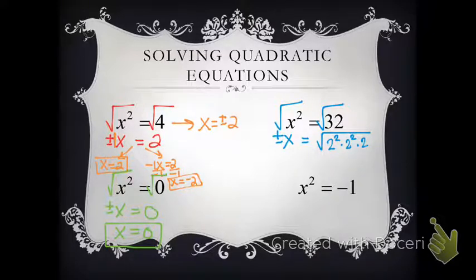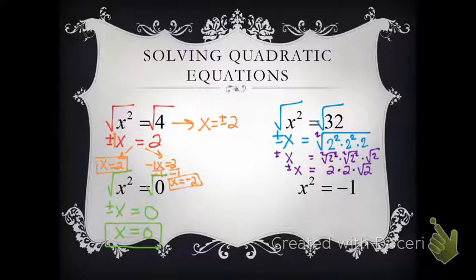And remember, using our product property, we're really just breaking this up into separate radical problems so that we can simplify the ones that are perfect squares. Remember that the square root of 2 squared is just 2. Square root of 2 squared is 2, and square root of 2 doesn't simplify, so we're going to leave that like that. Okay.